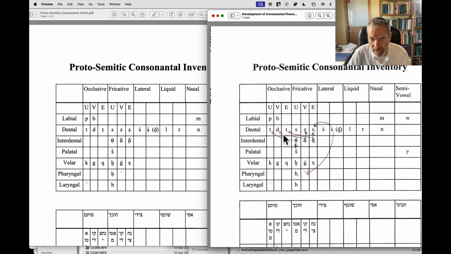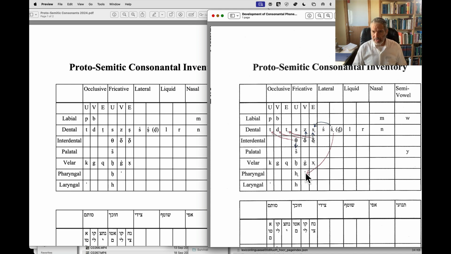The fricatives become occlusives, and they are fully dentalized. So th merges with ta, the merges with da, and the merges with tha. And we see over here that Proto-Semitic z merges down here with ein in Aramaic.